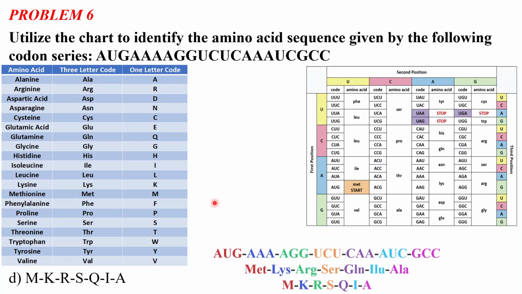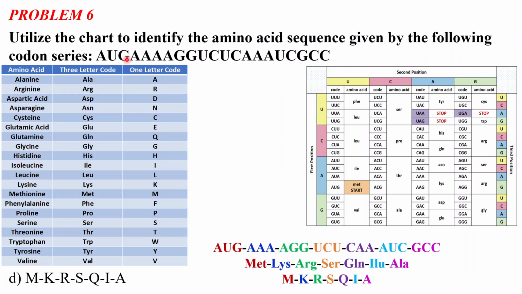So for the codon series, as you know, every three nucleotides you have to take as a codon. So first we have AUG followed by AAA, then AGG, then UCU, then CAA, then AUC, then GCC. Now you have to find the amino acids from the corresponding chart. AUG is for methionine, Met. AAA is for lysine, as you can see. AGG is for arginine.